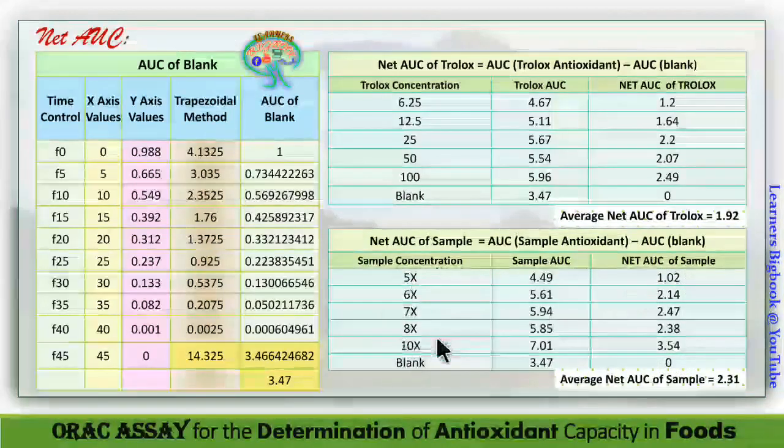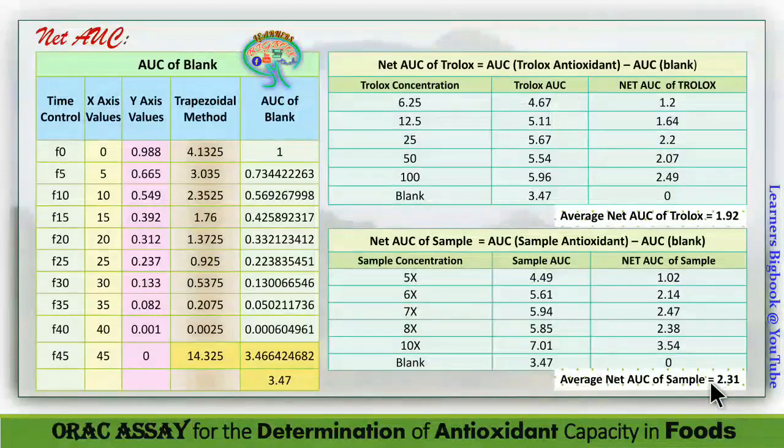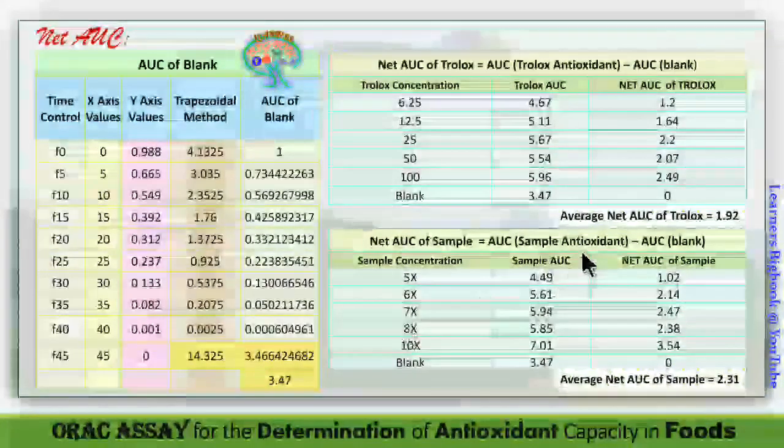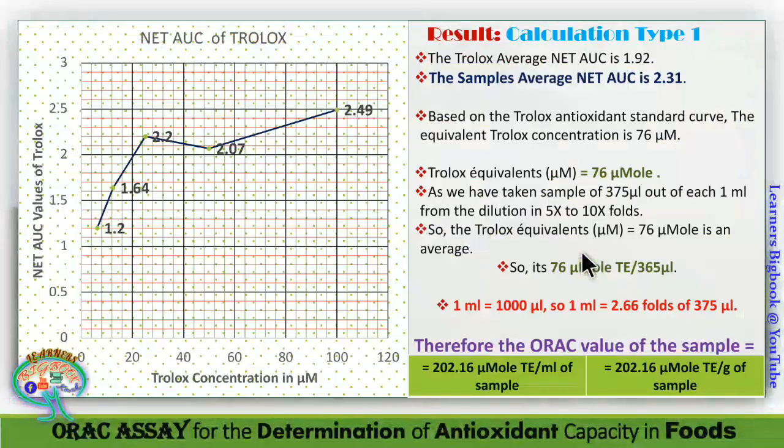So whatever value we have got, the net AUC is the average for the overall sample concentrations. So when you consider the 375 microliters of the sample, which has 76 micromoles of the antioxidant, it is the average for all the concentrations, as the net AUC is the average for the samples.